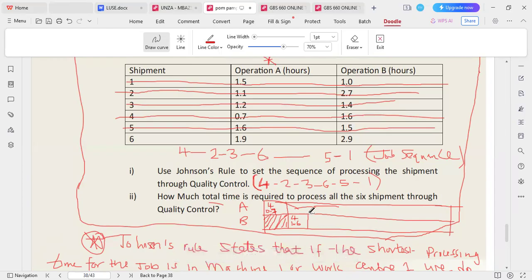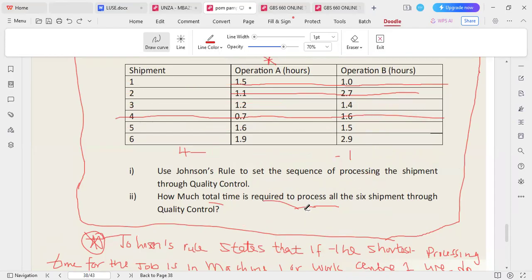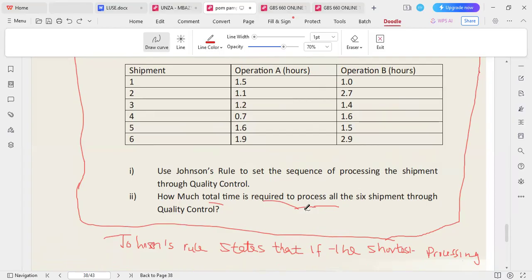So job 2 is taking 1.1, so it will take a little bit more time than what we have done here. Okay. So please take note of that.